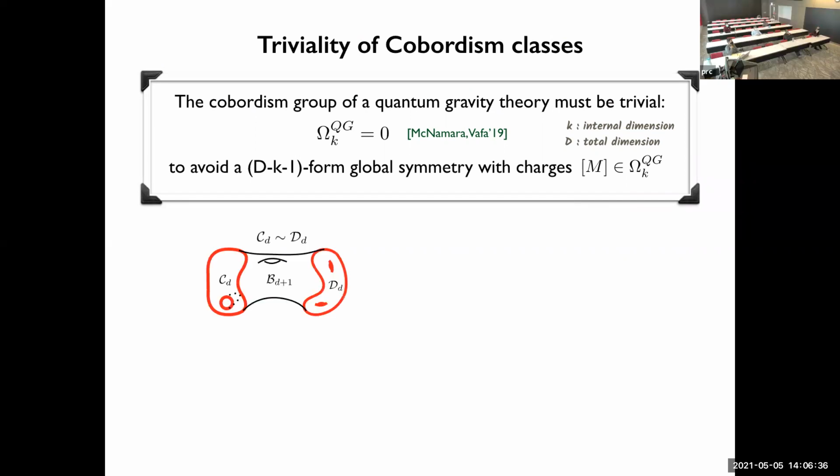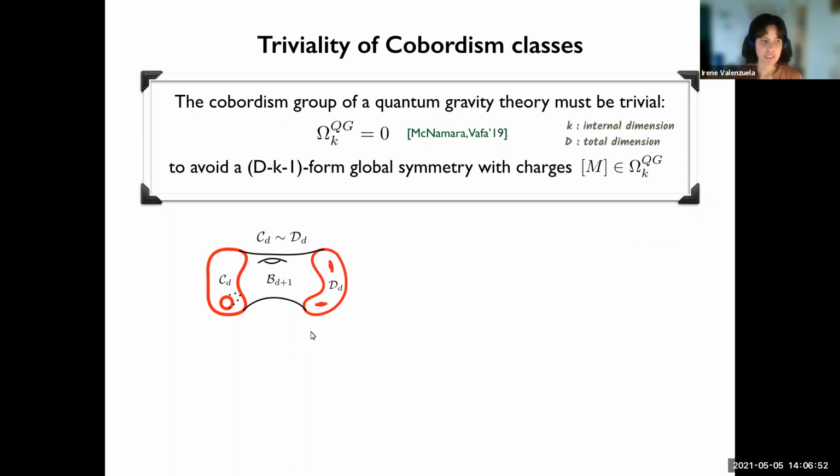Can you say what you mean by the cobordism group? Yes, I'm going to say. So what do I mean by cobordism group? It might sound a bit exotic if someone hasn't heard about it, but I think the intuition is very simple.